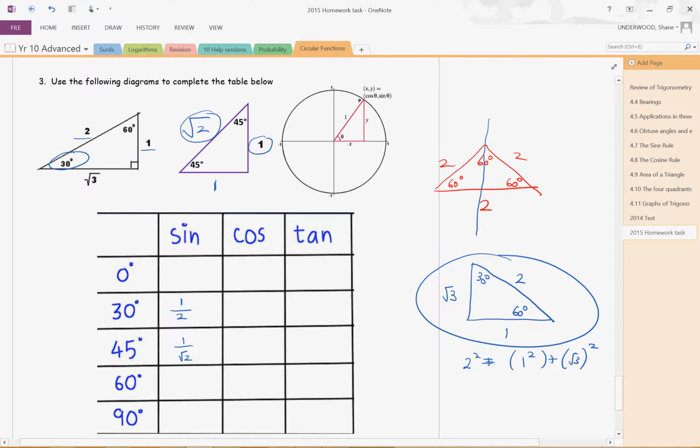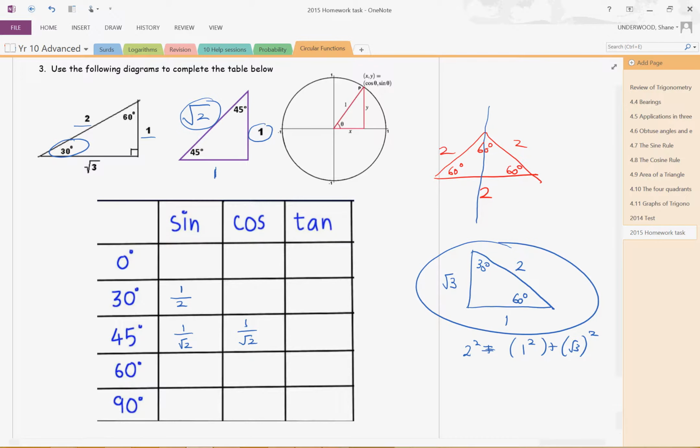And sine of 60 is opposite over hypotenuse, so root 3 over 2. And as it turns out, cos of 30 degrees is what sine is at 60 degrees.